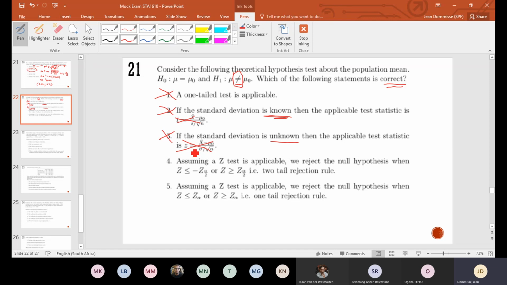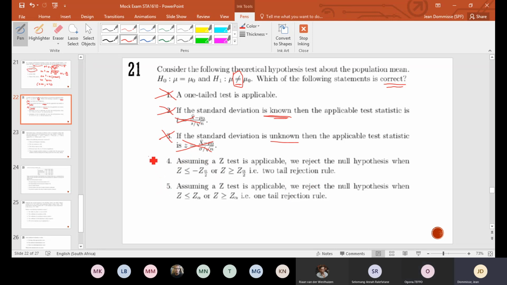Then, assuming a Z test is applicable, we reject the null hypothesis when Z is smaller or equal to minus Z, or Z is bigger or equal to Z, i.e. the two-tail rejection rule.